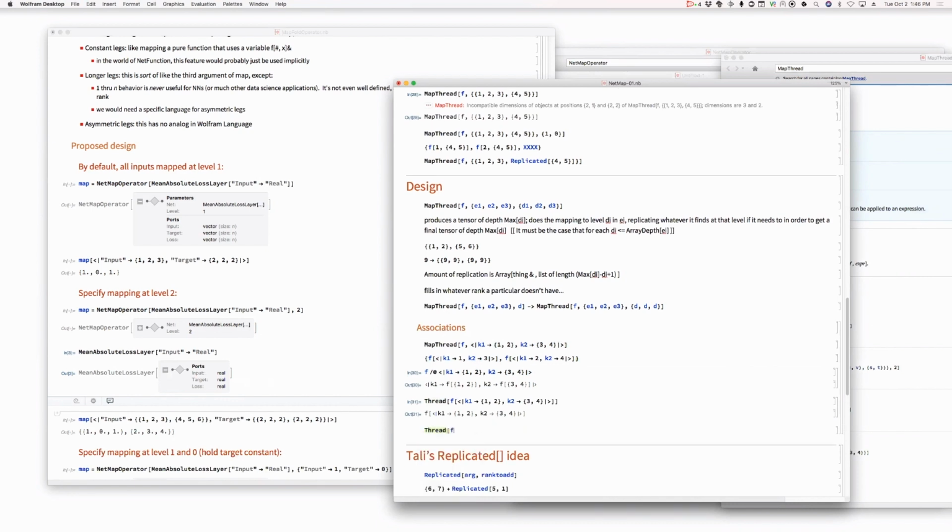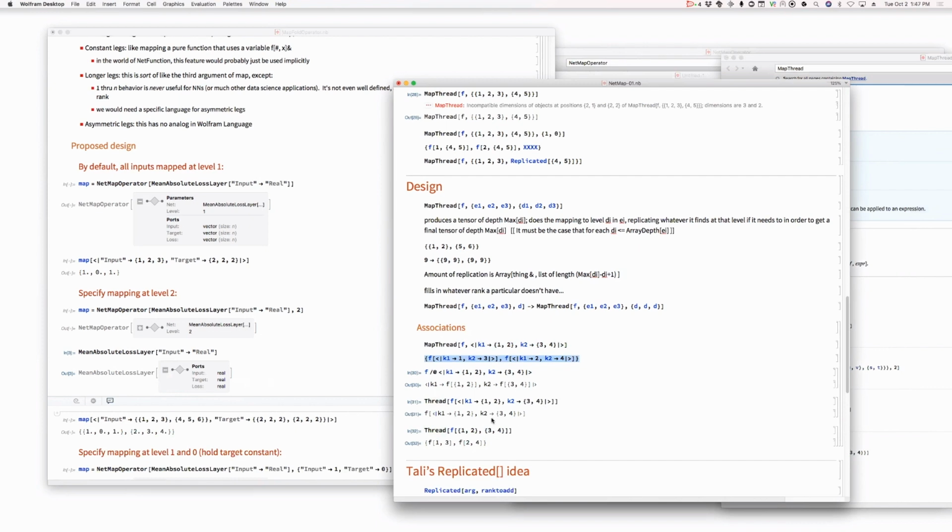If I just say 1, 2, 3, 4, then that will thread like that, right? So the correct thing for this to do is exactly what we're proposing map thread to do, where the correct thing on the association is for this to come out as essentially exactly this. What's a bit different about it is that there's a missing list.